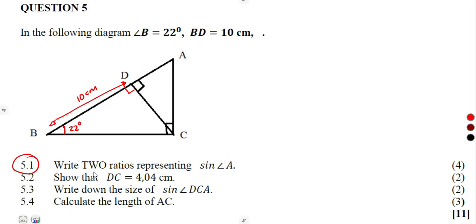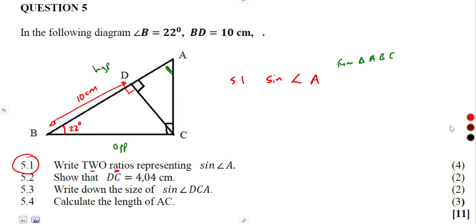So 5.1, state 2 trigonometric ratios representing sine of angle A. Angle A is found in this bigger triangle ABC. So from triangle ABC, according to A, the opposite is going to be side BC. The hypotenuse is AB, the whole of that AB.